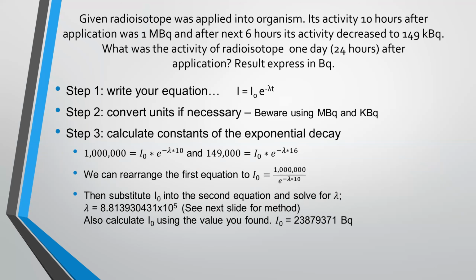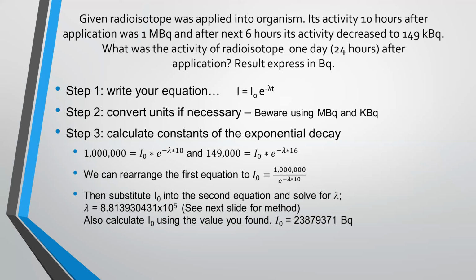And we rearrange the first equation to this: I naught equals 1 million divided by e to the power minus gamma 10, and then substitute this I naught into the second equation, so that we can solve for gamma on both sides. Also calculate I naught using the value that we find.